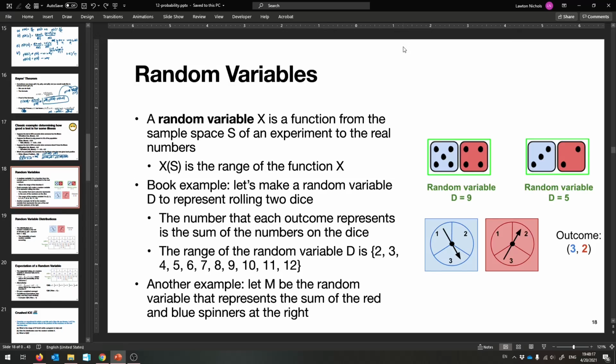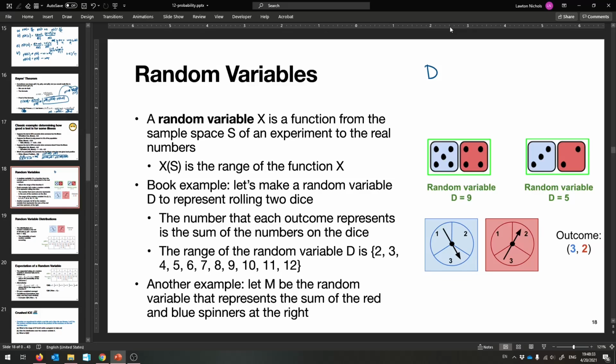Here's an example from your book. We have two dice, a blue one and a red one, and we can make a random variable, call it D, to represent what happens when you roll the dice. You give it an outcome, and it gives you a number.